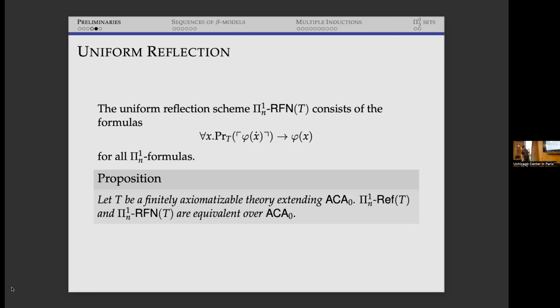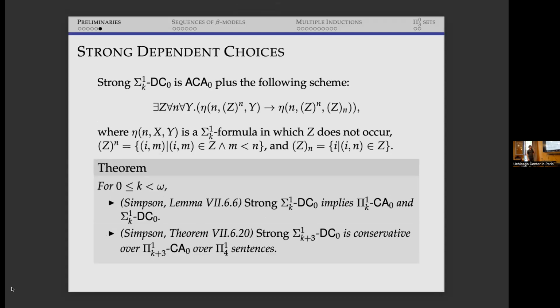So okay, for some basic definitions, let us slightly review strong dependent choices. For some Sigma^1_k formula, you get some set such that, if you can get the beginning of the dependent choices, you can extend it, and the set is going to be fine.